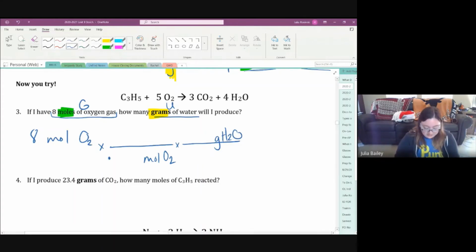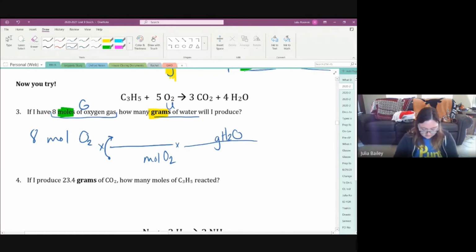That mole bridge has to go on this fraction because it cannot go on the final fraction. It's not allowed to go there. You know why? Because it's not a freaking gram bridge. You cannot put the mole bridge at the end because it's not a gram bridge. The only place for it to go is this middle of the problem fraction.